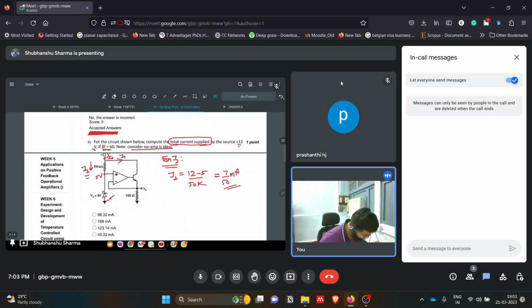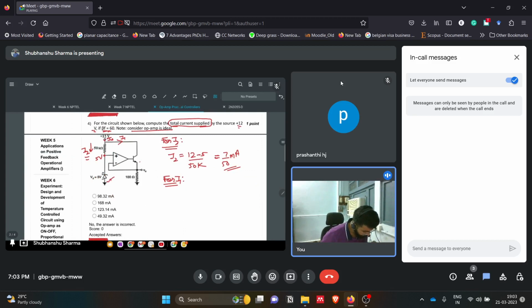Then I1. What will be I1? We have a transistor. We have 5 volts here. Based on this virtual short, we can have 5 volts here. So what will be this current? This current is basically IE.